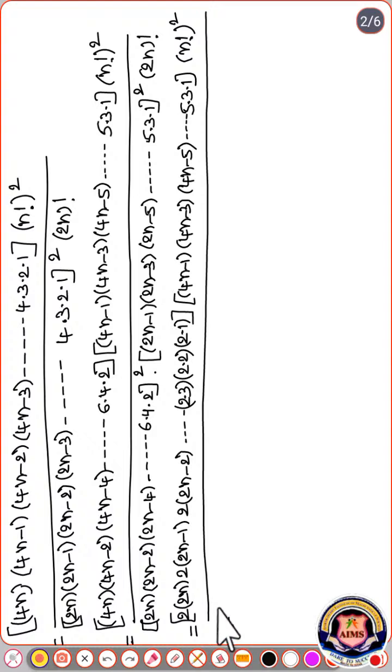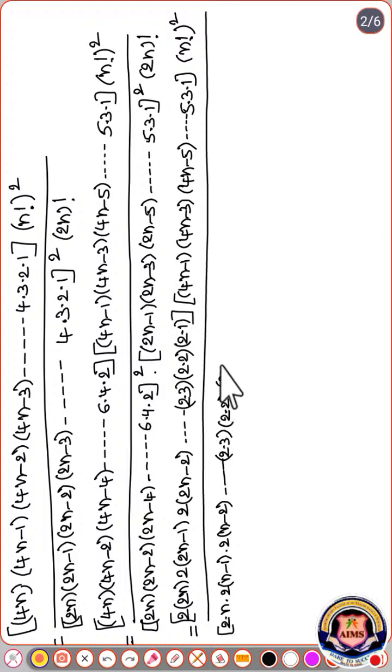So 2n, 2 common, 2 into n. Next 2 common, remaining value 2 into n minus 1. Next 2 common, 2 into n minus 2, and so on. 6 is 2 into 3. Next 4 can be written as 2 into 2.